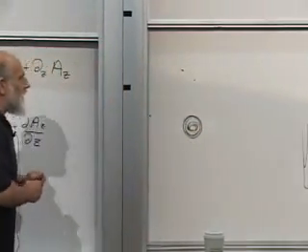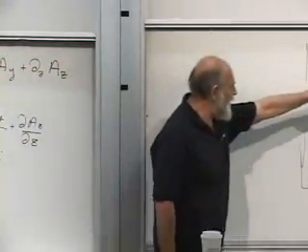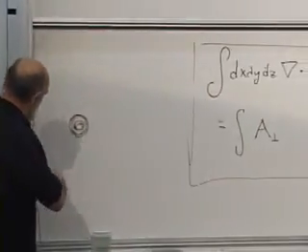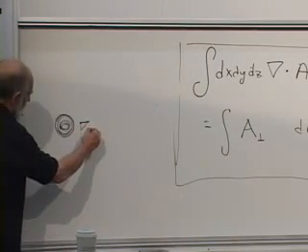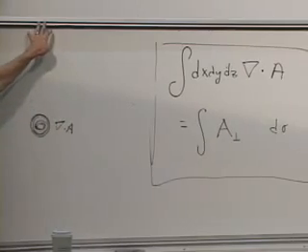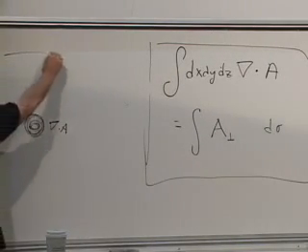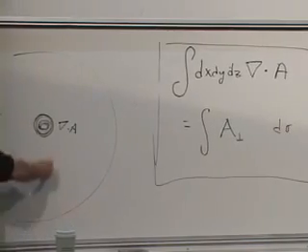Okay. Let's see if we can use that to figure out what the A field is. There's a del dot A in here. And now let's see, can we figure out what the field is elsewhere, outside of here? So what we do is we draw a surface around there.